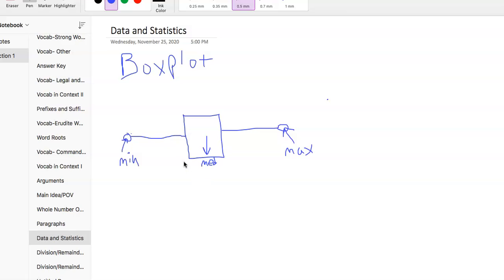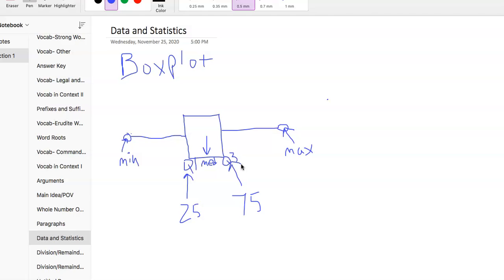And then you'll have something called Q1 and Q3. Okay, Q1, Q3. And so Q1 represents the 25th percentile. Q3 represents the 75th percentile.